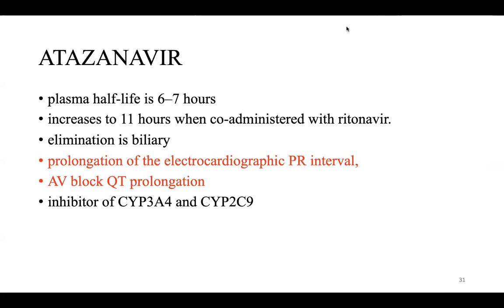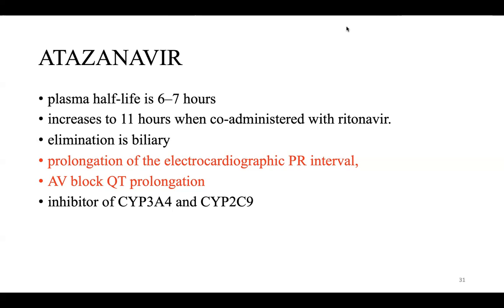Atazanavir is able to penetrate both the cerebrospinal and seminal fluids. The plasma half-life is 6 hours, which increases to approximately 11 hours when co-administered with ritonavir. The primary route of elimination is biliary.